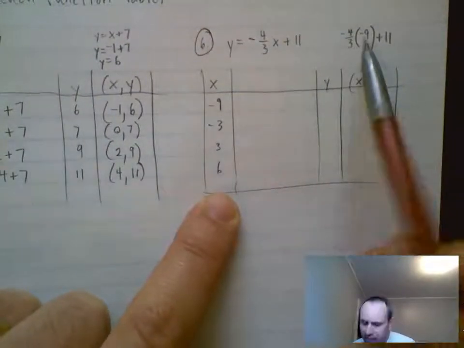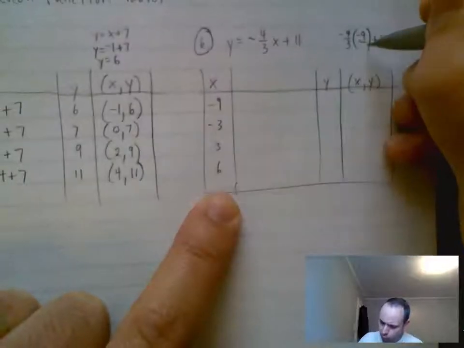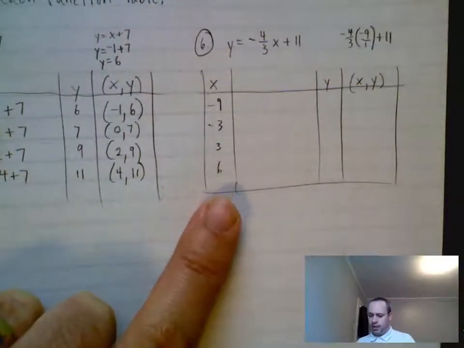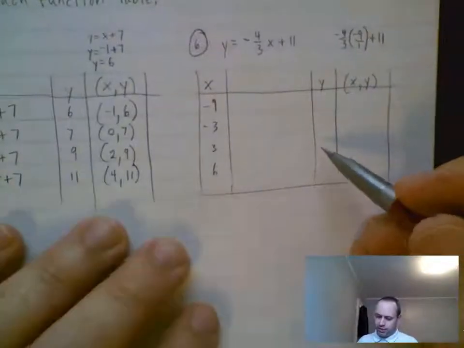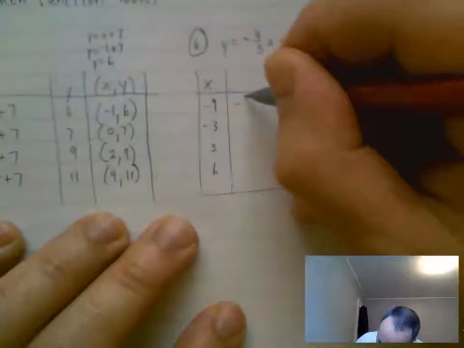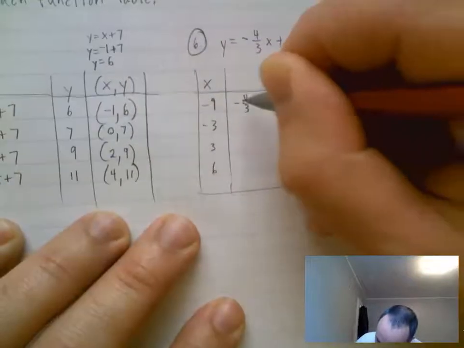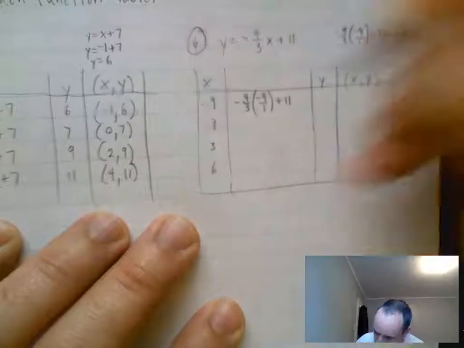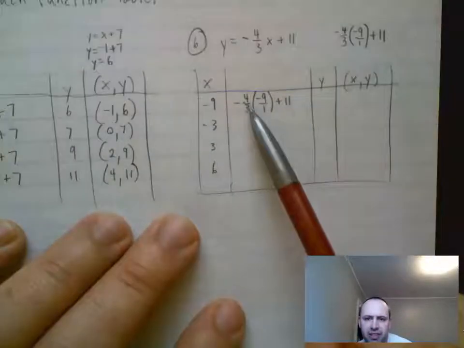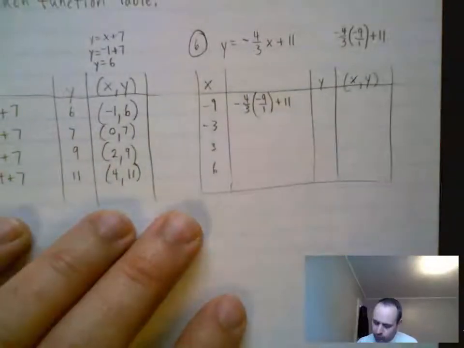Now, remember, -9 really means -9 over 1. All right, and from here, we can start to think, okay, on the top, let's maybe put this negative.